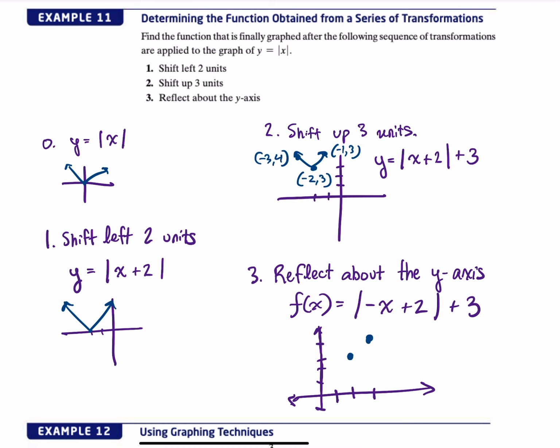And then instead of -1, +3, I should have +1, +3. I'm sorry, it's because I distracted myself.